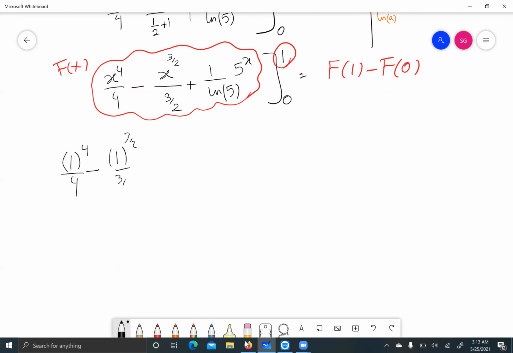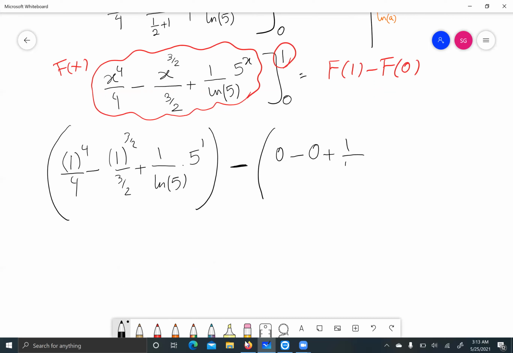Just substitute 1 into the function. So this is going to be F of 1 minus F of 0. So this is going to be 0, 0, 5 to the 0.